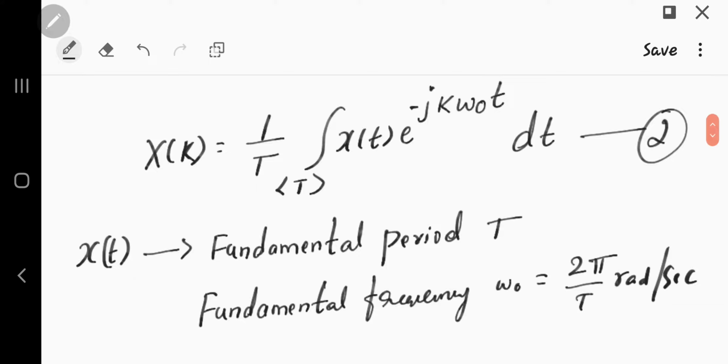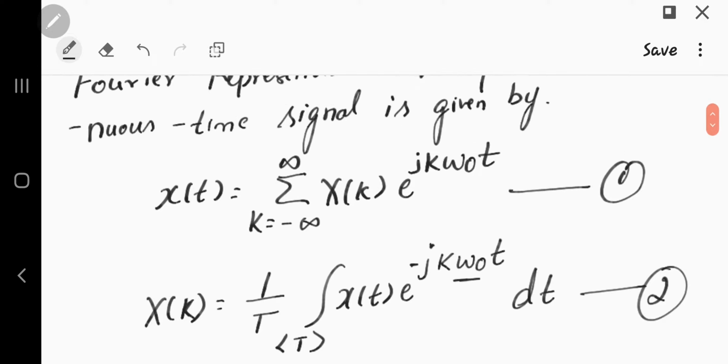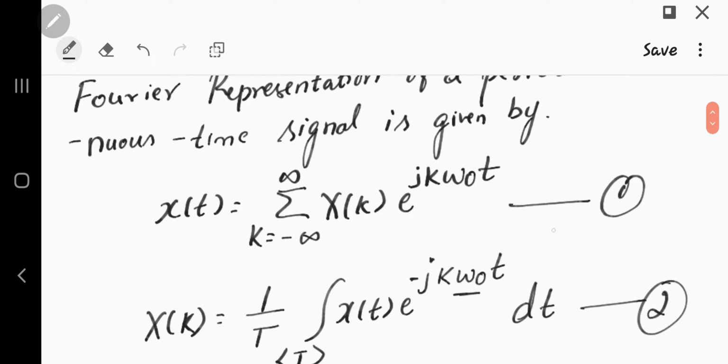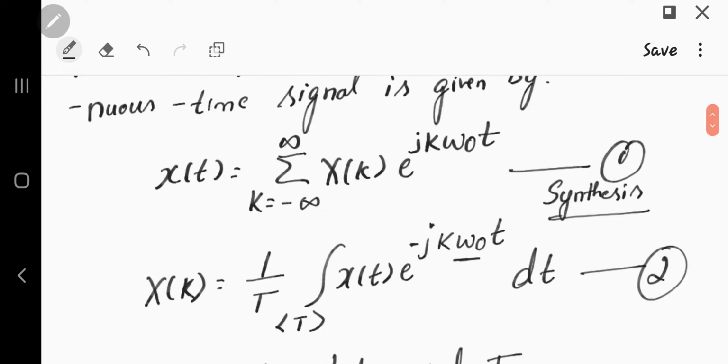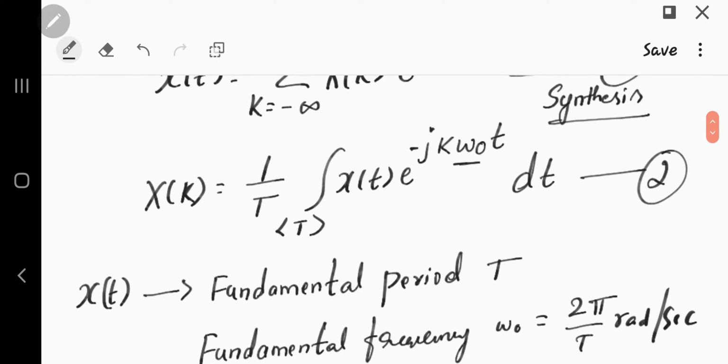So these two we have represented, what is T and what is omega naught. This is not w, this is omega naught. For equation 1 and equation 2, the first equation we call the synthesis equation, and the second one we usually call the analysis equation.